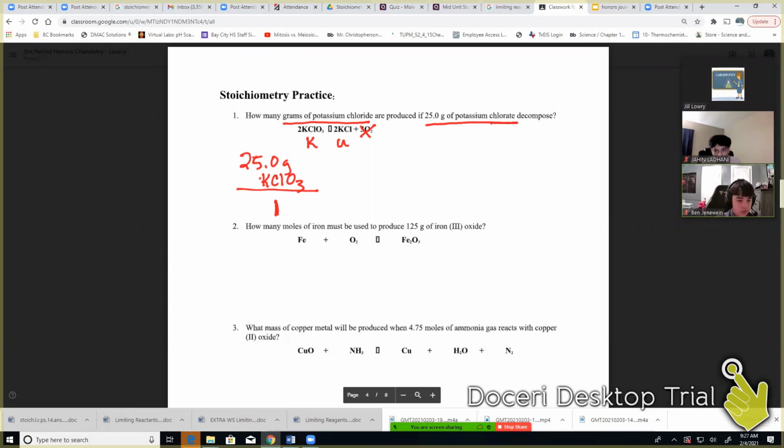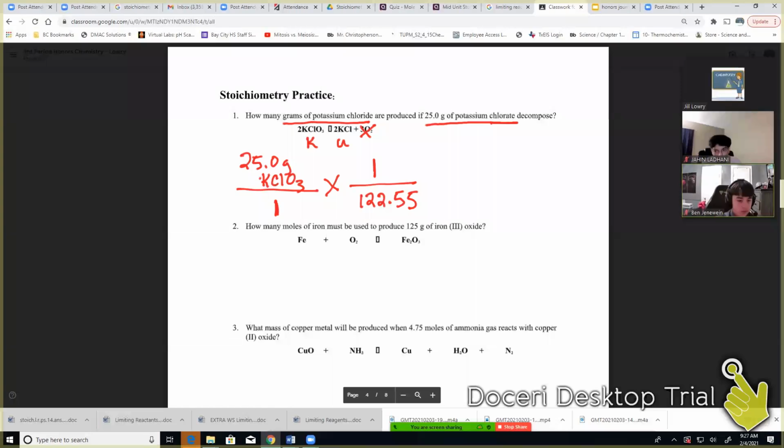My first box says to multiply by 1 over the molar mass of your known, which in this case is potassium chlorate. So that would be 122.55. If I stopped right there, I would know how many moles I have, but we don't want to do that. We want to keep on moving.